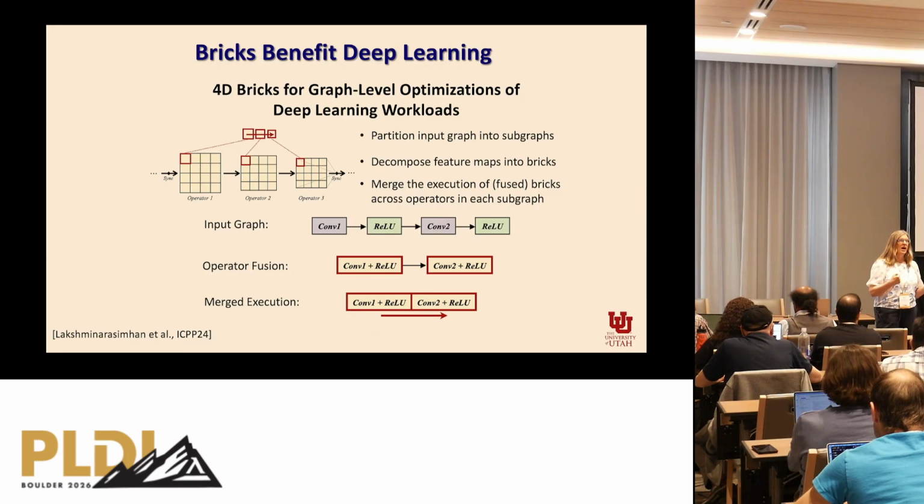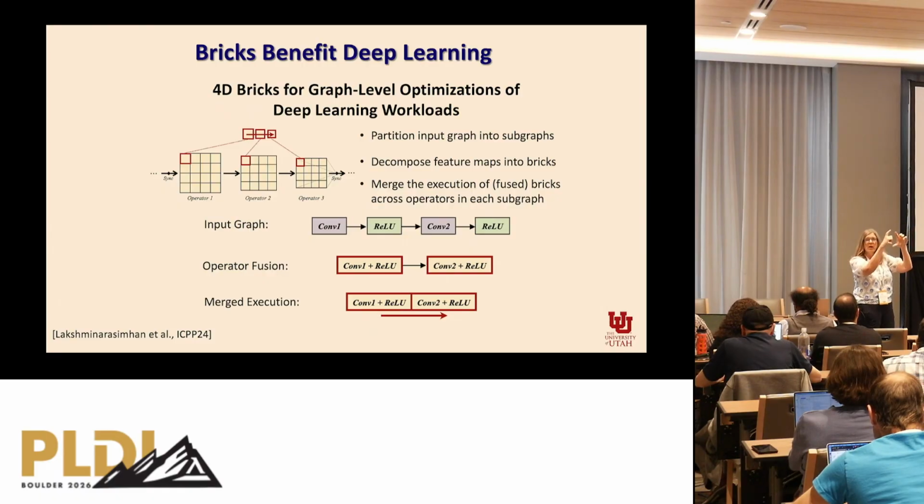And so what we're doing here is we're doing an operator at a time on just the brick, computing the partial result on just the brick. And in this picture at the top, you can see the brick is a little bit bigger and it gets smaller and smaller because you need to compute the things around the edges when you're doing a convolution in order to have the input that you're going to need downstream.